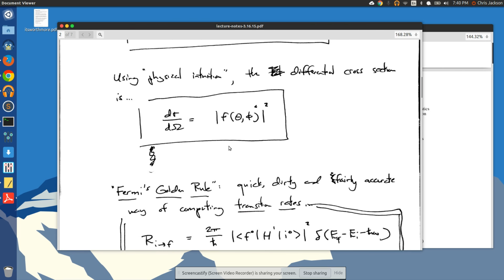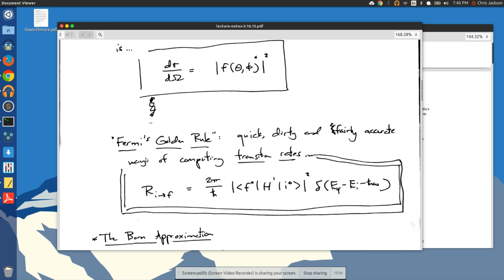So finally, last time we ended with a nice little calculation that ends with what's called Fermi's golden rule, and it basically gives you a quick and dirty, or just a good approximation to scattering rates or transition rates.